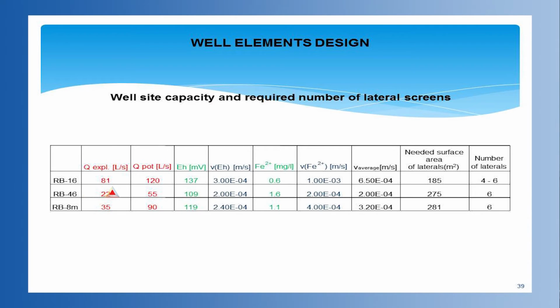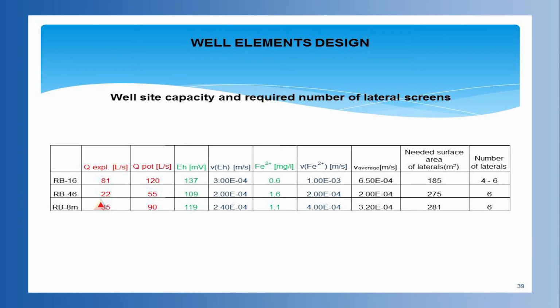RB46, now 22 liters per second, can be 55, no more. And 275 square meters of laterals, 6 or 8 laterals. Too much and too expensive for so relatively small benefit.